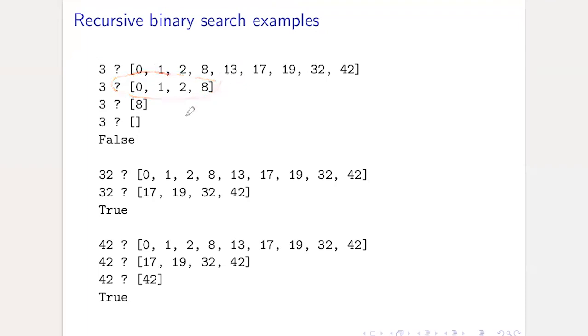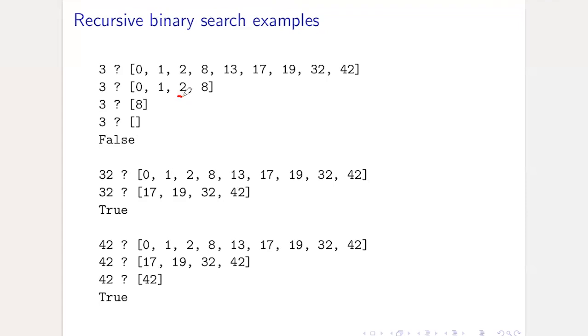Then in this we will get 2 as the midpoint, because we have an even number of items.